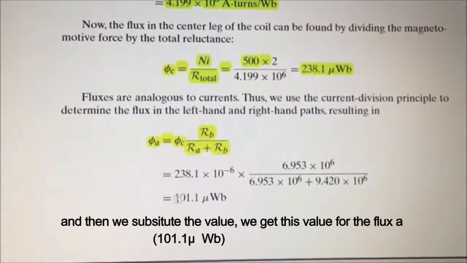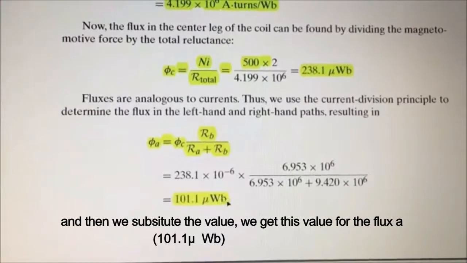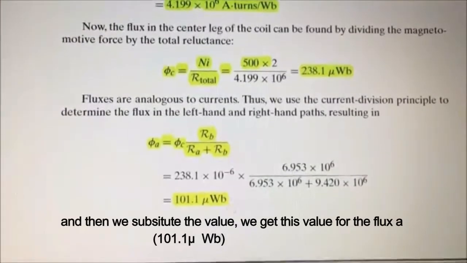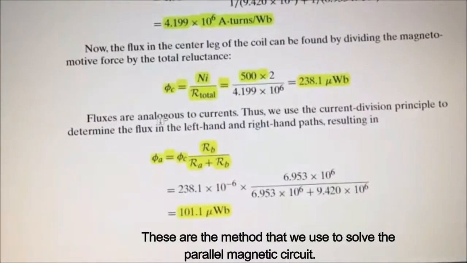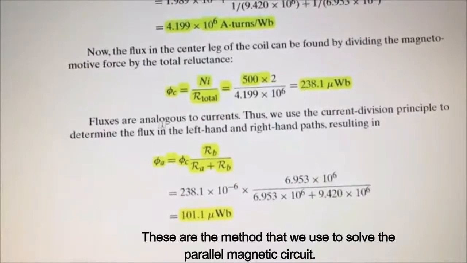Then we substitute the values and get this value for the flux. These are the methods that we use to solve the parallel magnetic circuit.